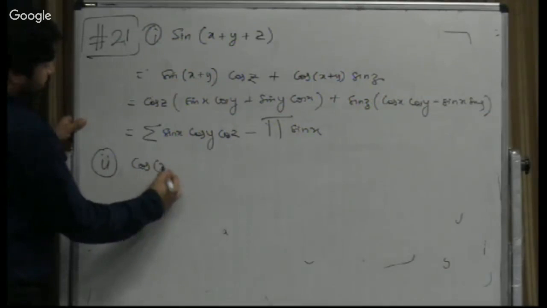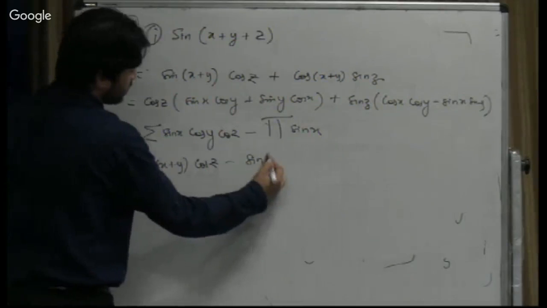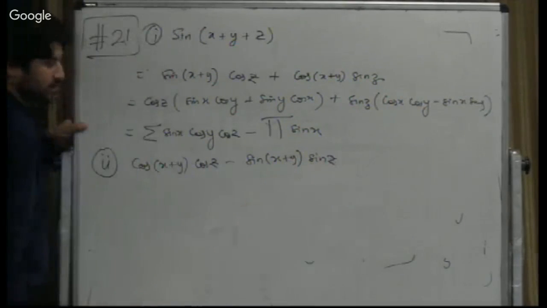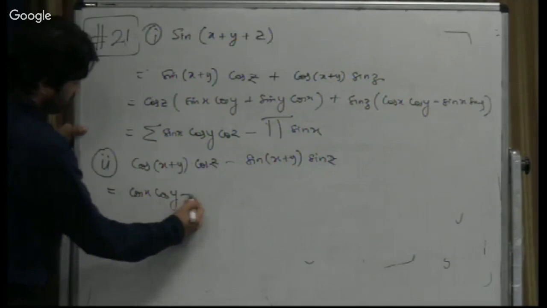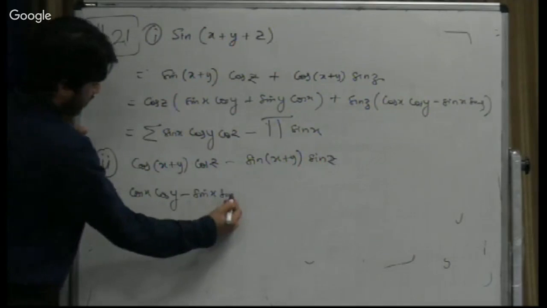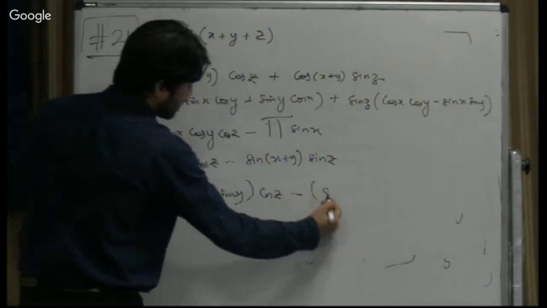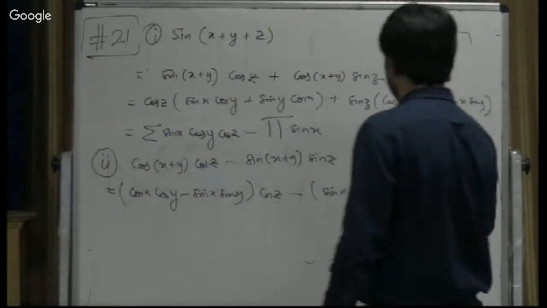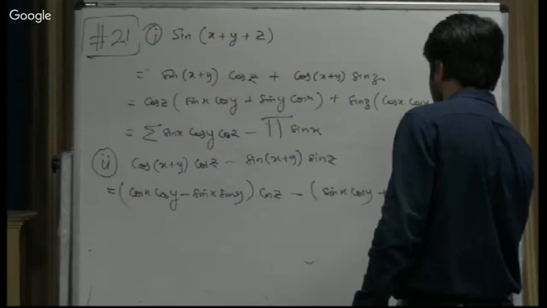cos x plus y into cos z minus sin x plus y into sin z. So I can write it as cos x cos y minus sin x sin y into cos z minus sin x cos y plus sin y cos x sin z.